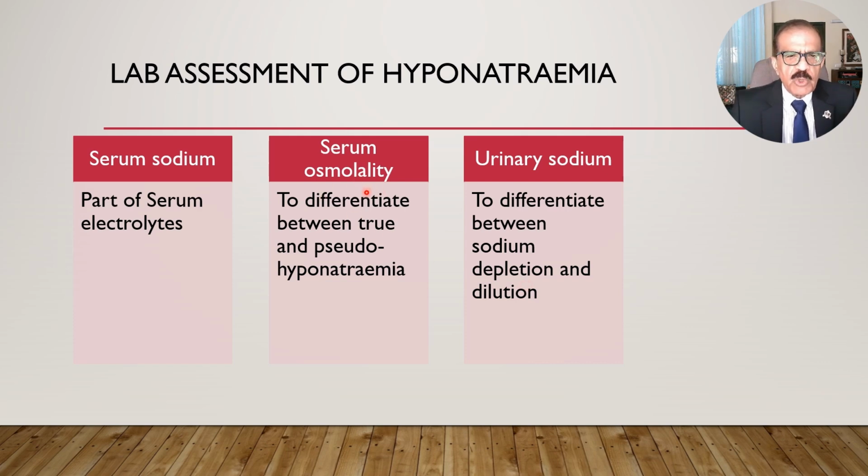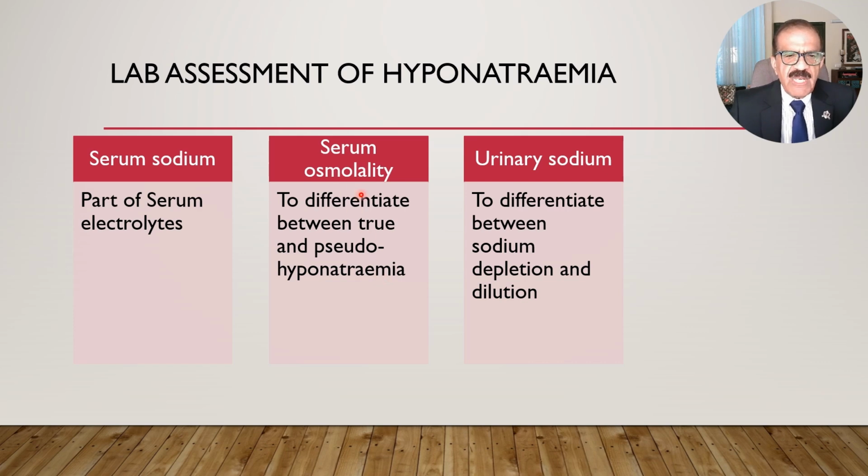Then serum osmolality is another test, because serum osmolality is mostly determined by serum sodium. But in some cases, there may be accumulation of some other substances in the body. They could change your serum sodium, but there may not be actual hyponatremia.